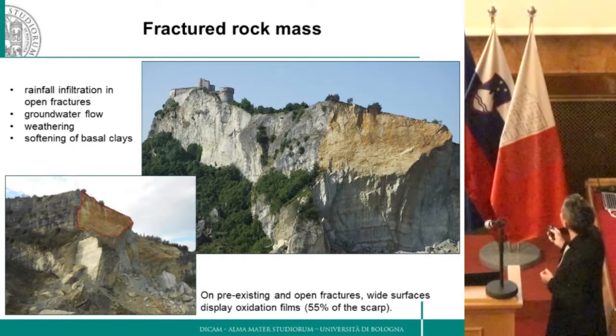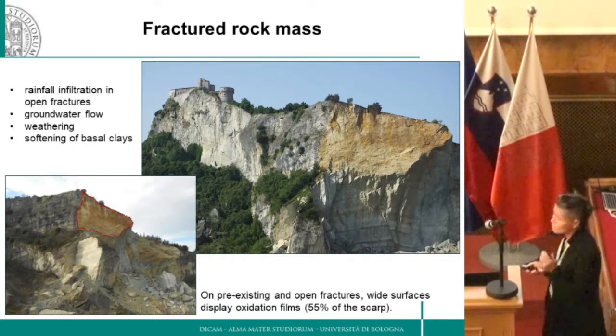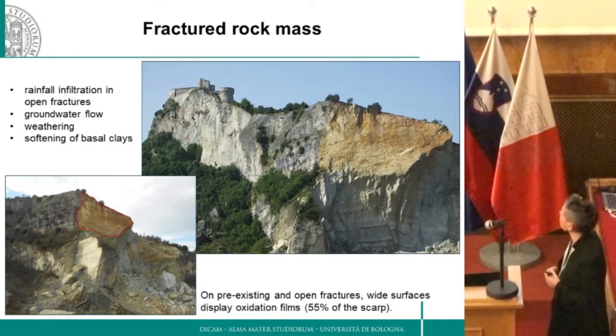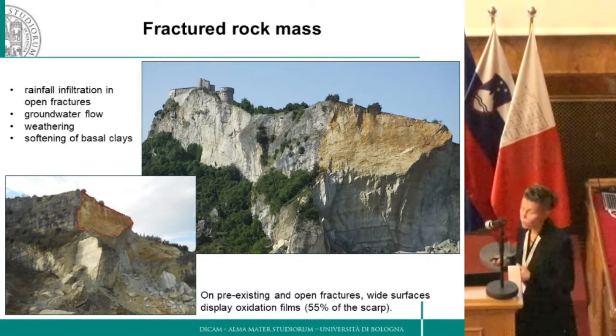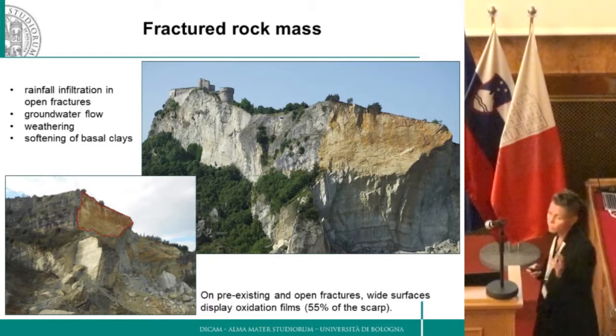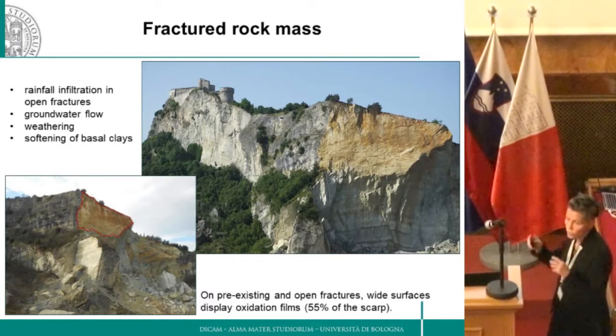Due to the presence of these open fractures, rainfall, of course, can infiltrate. You have the onset of groundwater flow and related weathering processes. And of course, when the groundwater reaches the base of the cliff, you have softening and all the processes that were evident at the base, so the undermining.